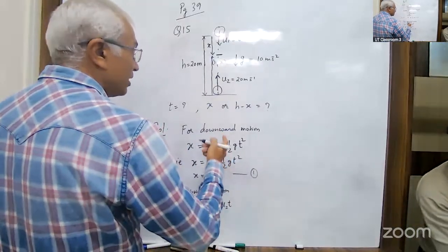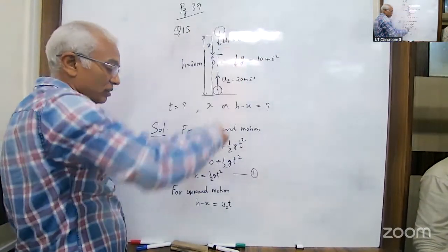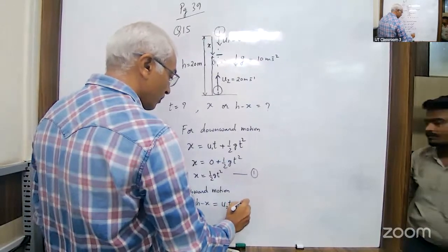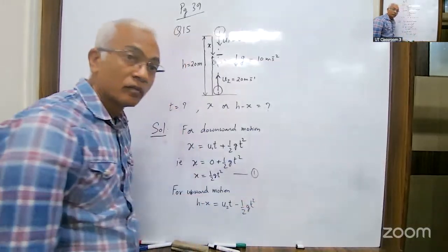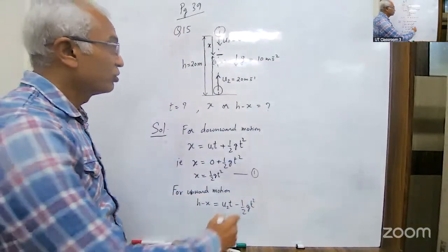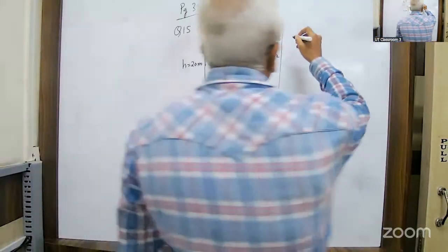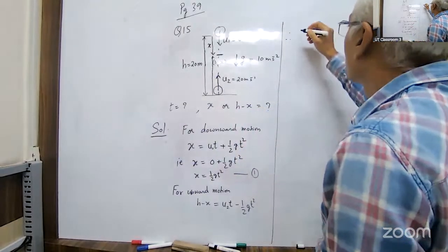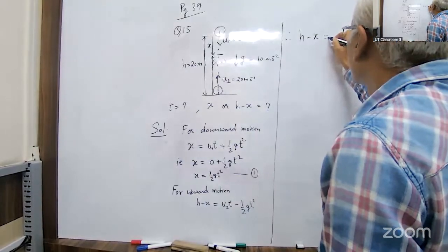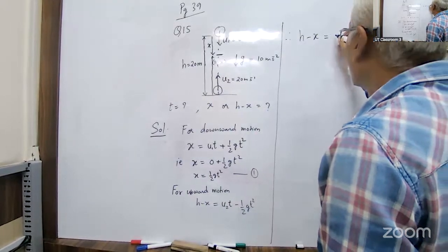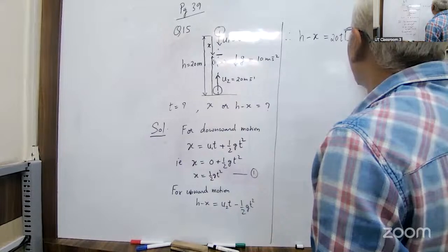In this case, g will be negative because for upward motion, it is acting as retardation. Yes, the sign of g will be negative for upward motion. Therefore, h minus x is equal to u2, which is 20, t minus half gt square. This is equation 2.